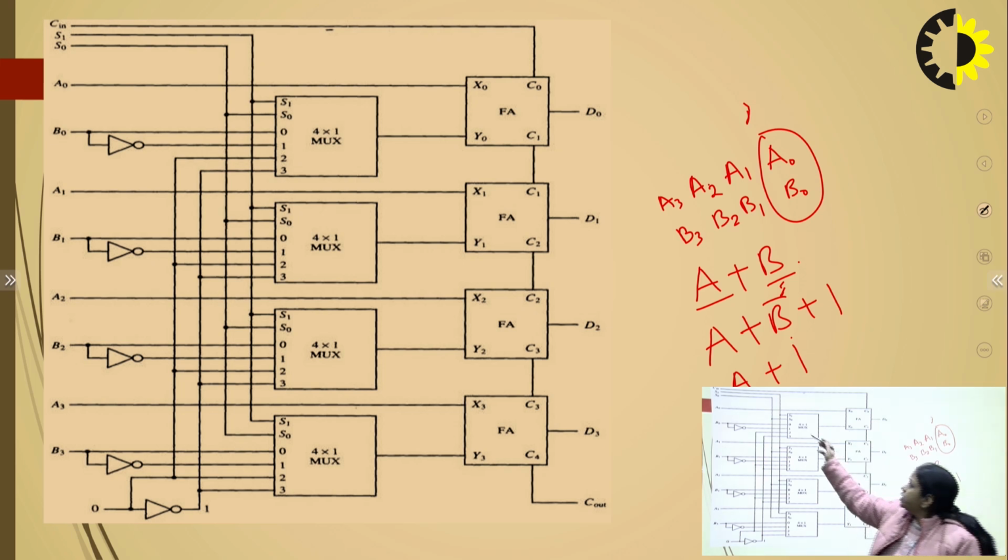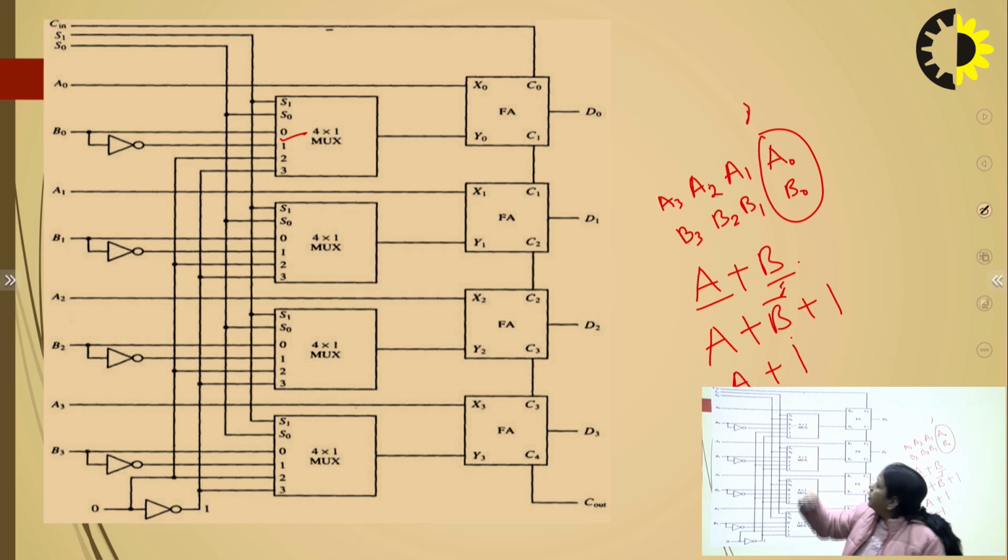So we can change the different inputs from the multiplexer. For example, if the value of the selection lines is 0, 0, then input 0 will be selected and input 0 is connected with B. So we will get B here, and then A plus B will be performed.